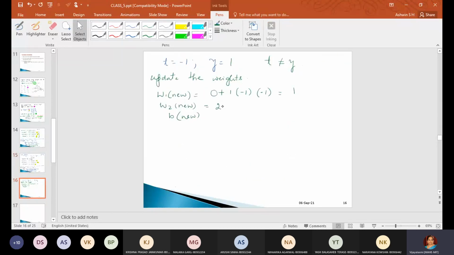Yeah, 2 plus 1 into minus 1 into 1. So this is equal to 1. So the new weights.